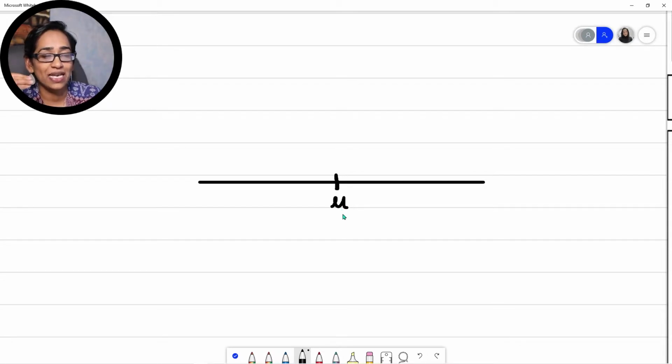Let's just take an example. Let's say you're trying to calculate the height of human race, and this is actually the height of human race. I don't know what the value is because I cannot be 100% sure.